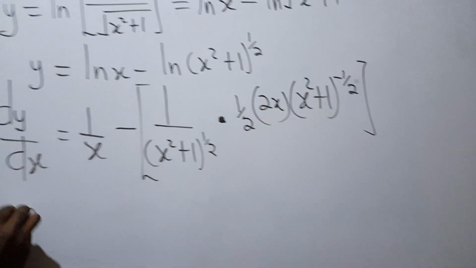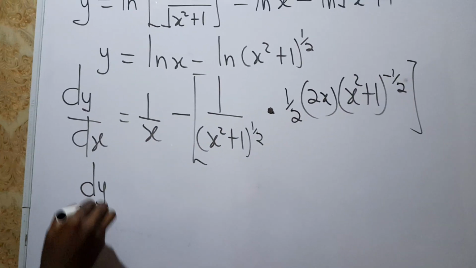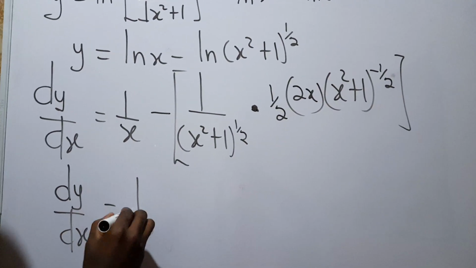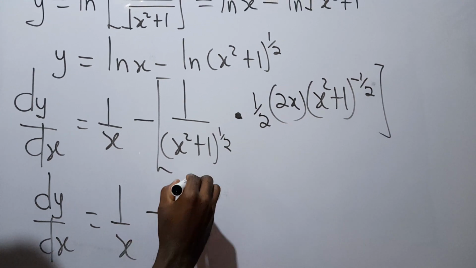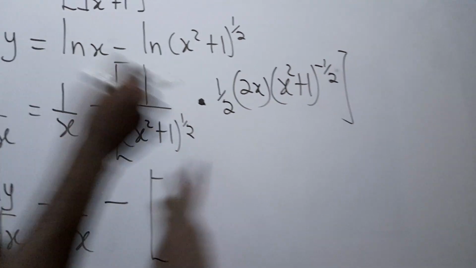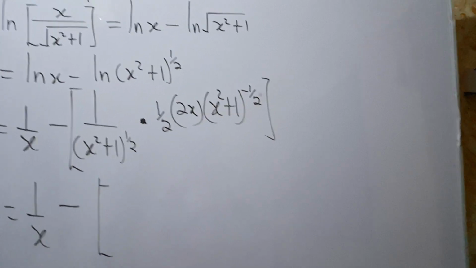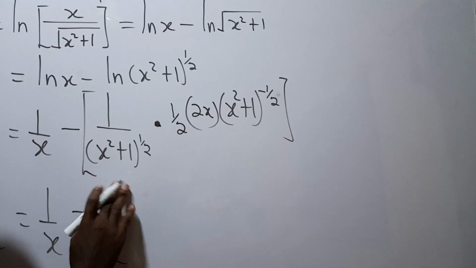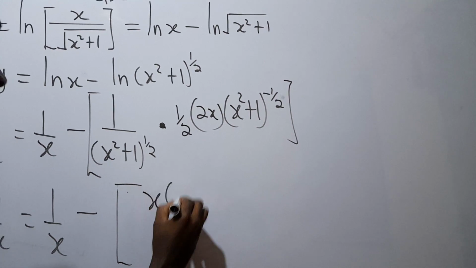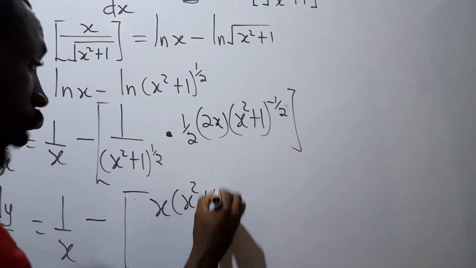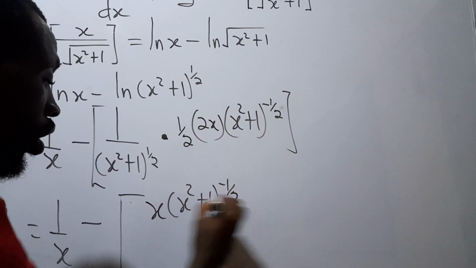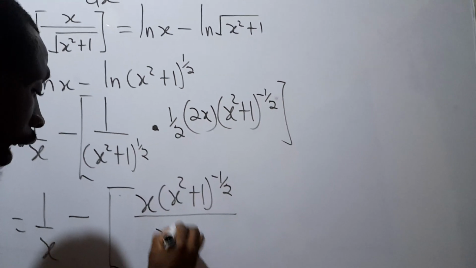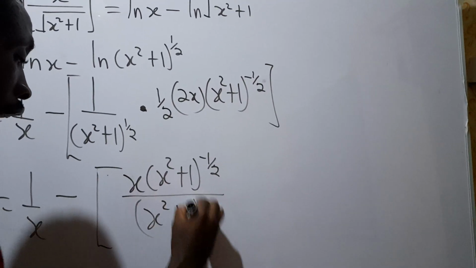Now let's polish this. We can say our dy over dx is equal to 1 over x minus. Now when we multiply half by 2x, we'll be left with x there. So we can say the top will be x bracket x squared plus 1 exponent negative half over x squared plus 1 exponent half.